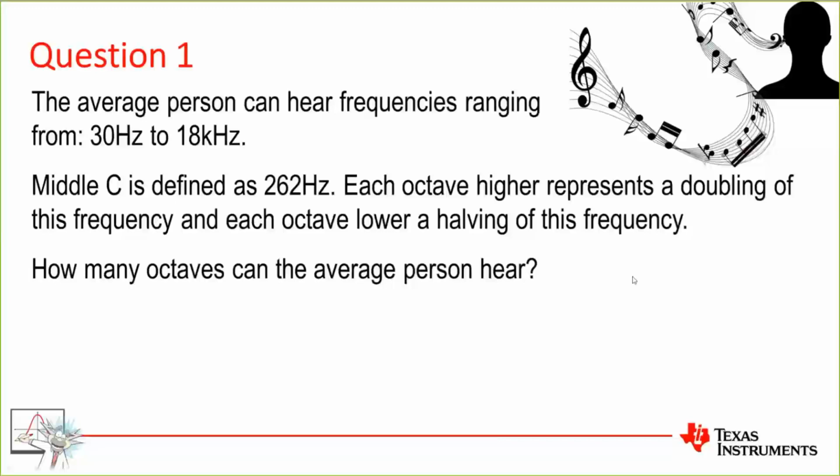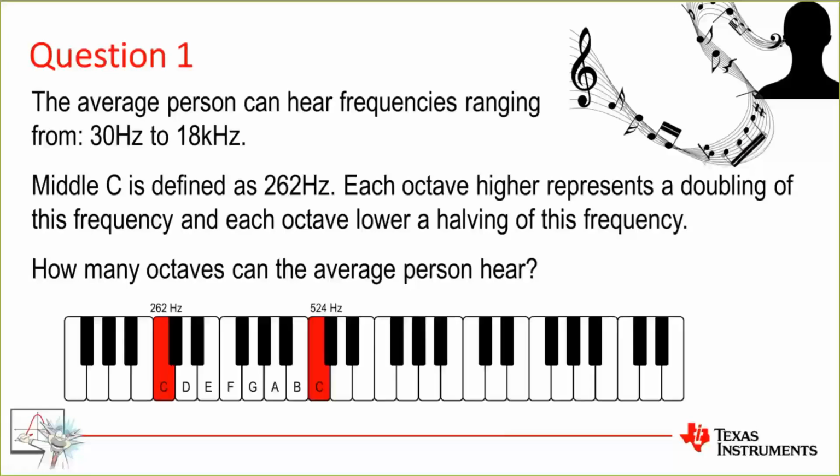Now the question doesn't require us to have any musical knowledge as such, but I'm going to put up just an example of a piano keyboard. I've labelled some keys, and we can see middle C at 262 Hertz. So one octave up, in other words, the next C, is 524, double the previous one.